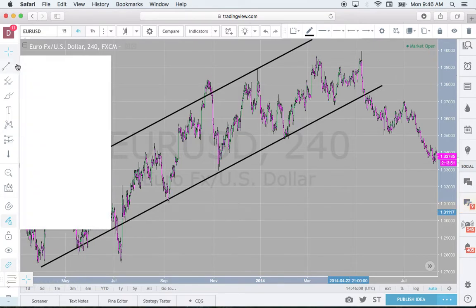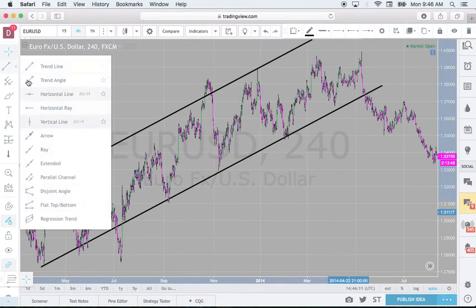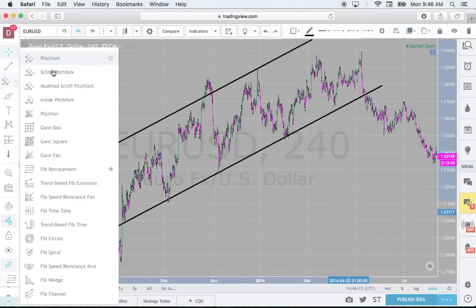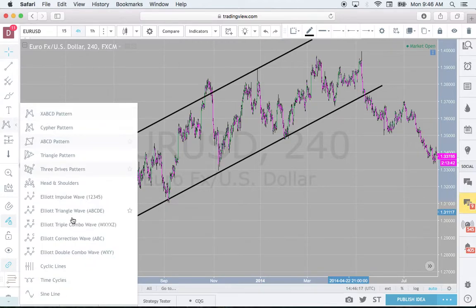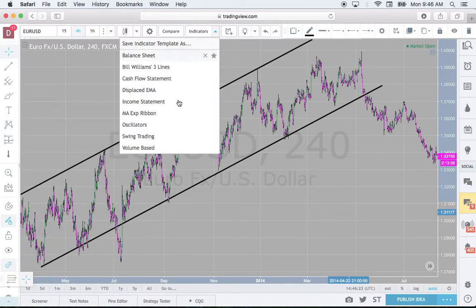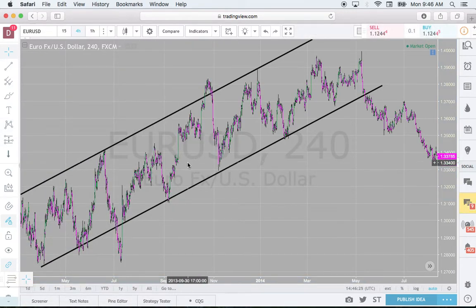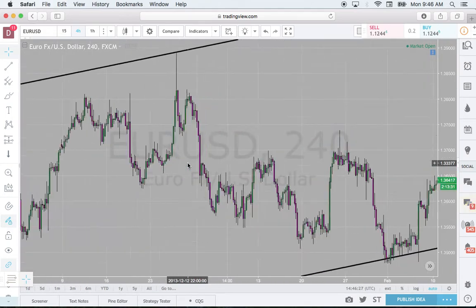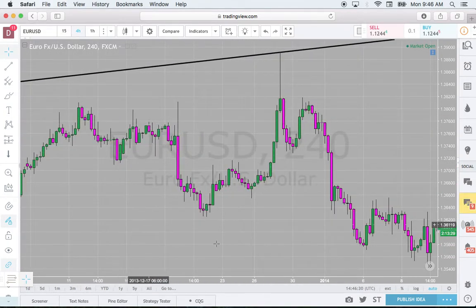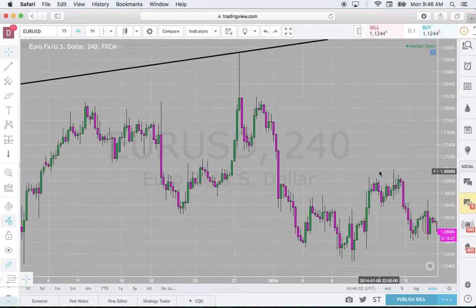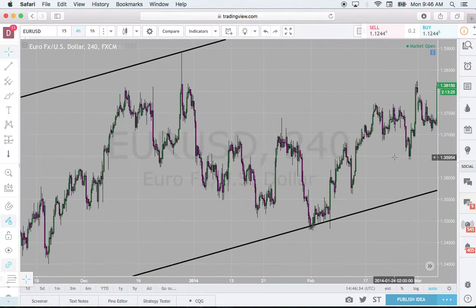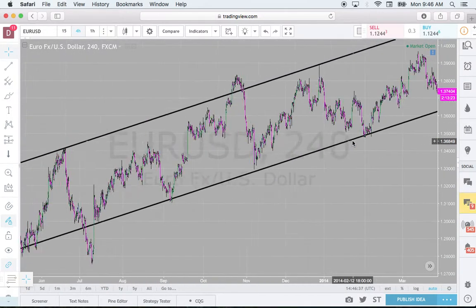Every single one of these tools right here, every single one of these cipher patterns, Gartley, Elliott waves, every indicator here, it's all to blind you from every one of these candles. Because these candles, the movement, the structure is all you need.